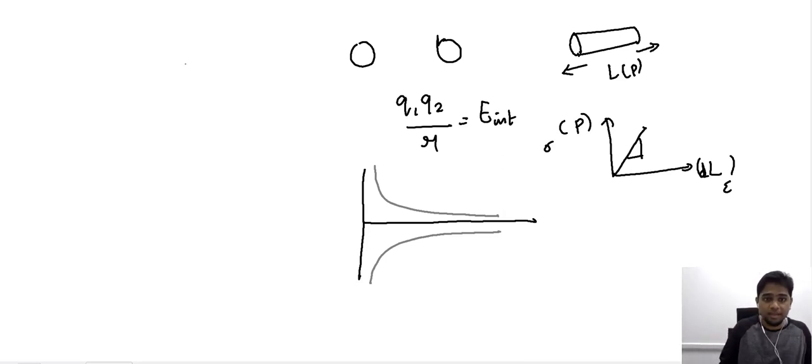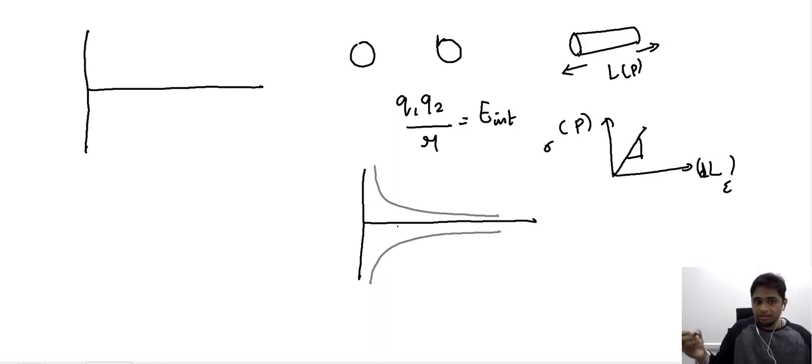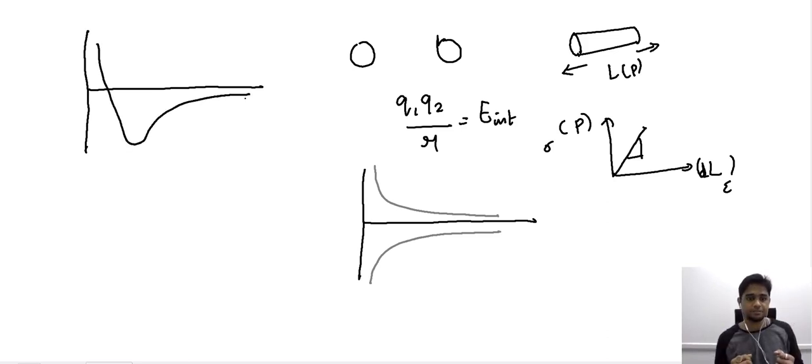So when we plot that, we combine these two, and that gives us the interaction energy for these two atoms.